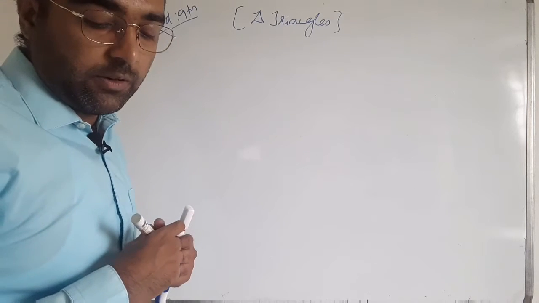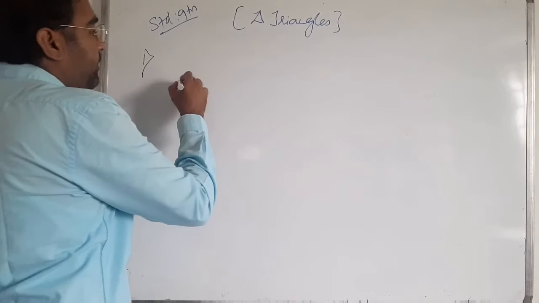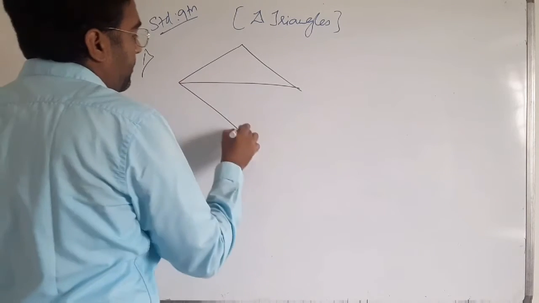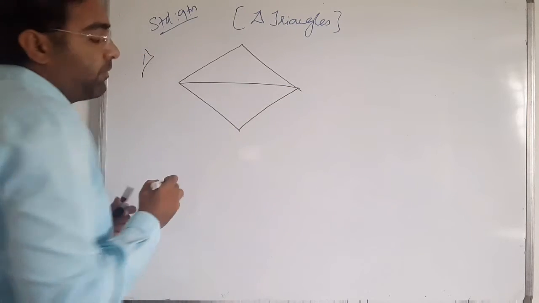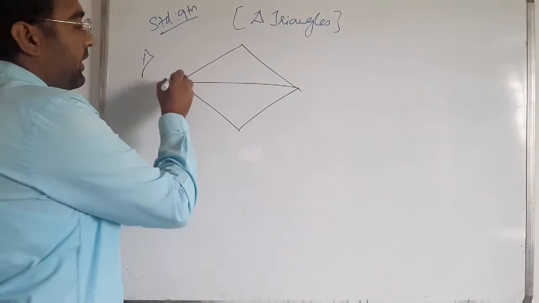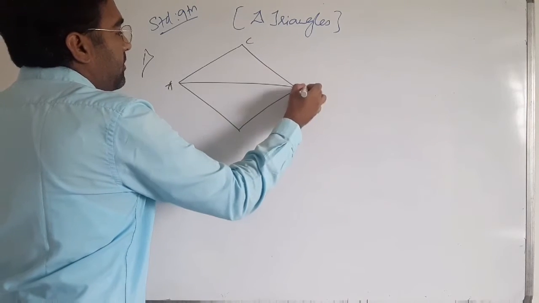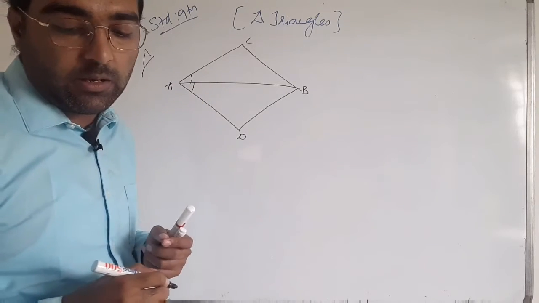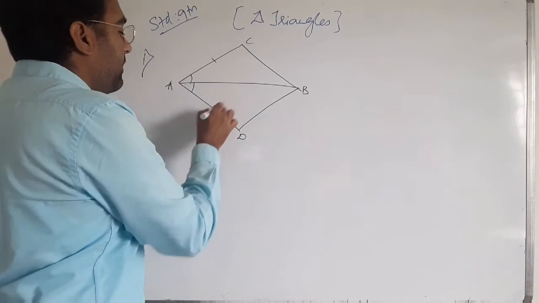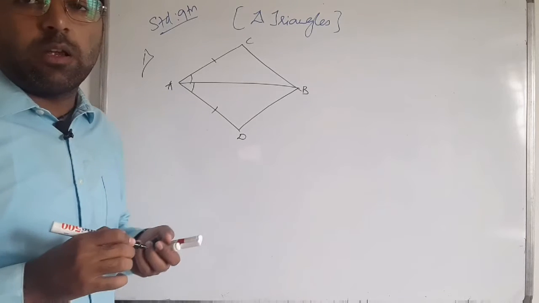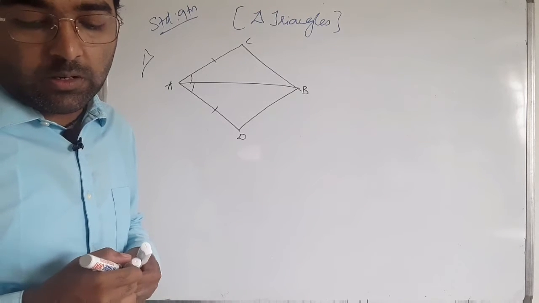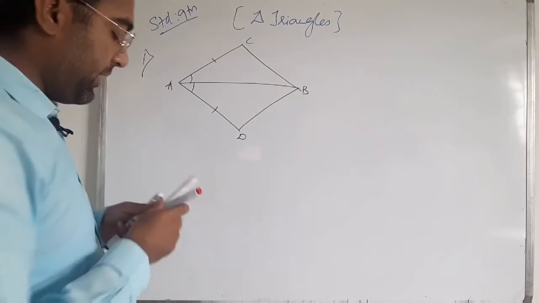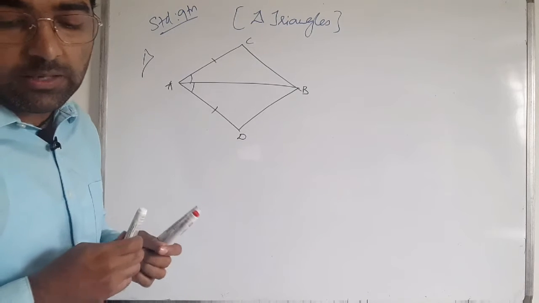So first of all I'll draw the figure, ACBD. Both angles are given as equal, and one side is also given as equal. In quadrilateral ACBD, AC is equal to AD.